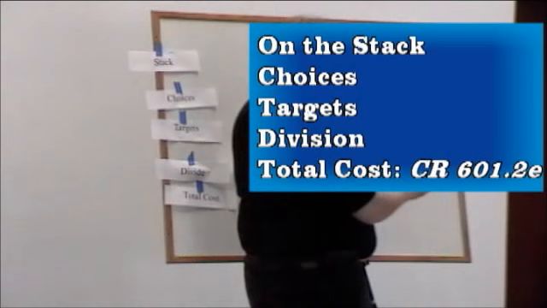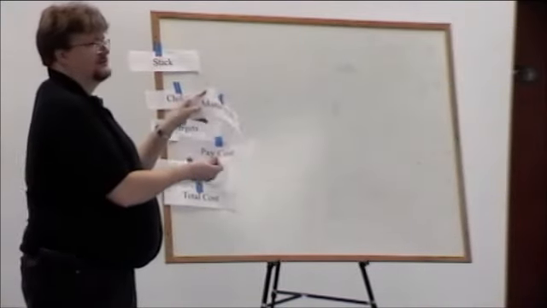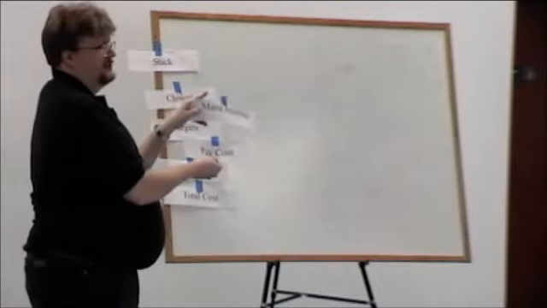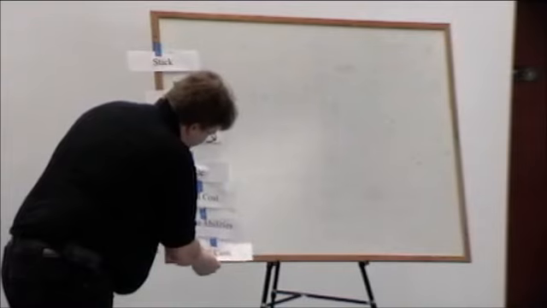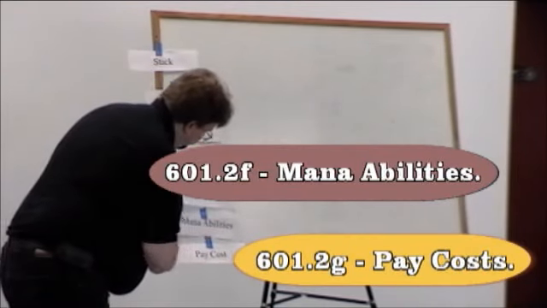And what about these two? Activating mana abilities and paying the total cost. Right. Clearly, we have to give the player the ability to make mana first, before we then ask the player to spend that mana.